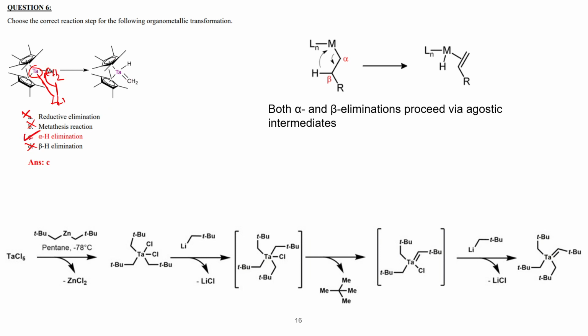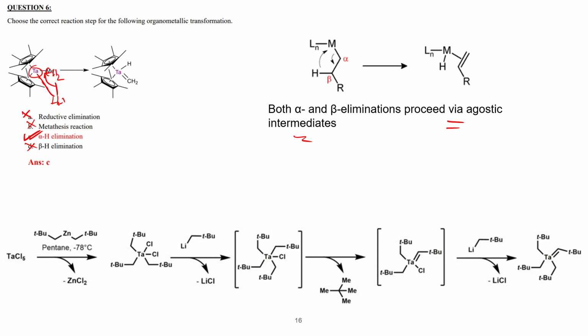That's how it is called alpha hydride, alpha hydrogen or hydride. They are a consequence of this agostic effect actually. So both alpha or beta hydride elimination proceed via this agostic effect or agostic intermediate.